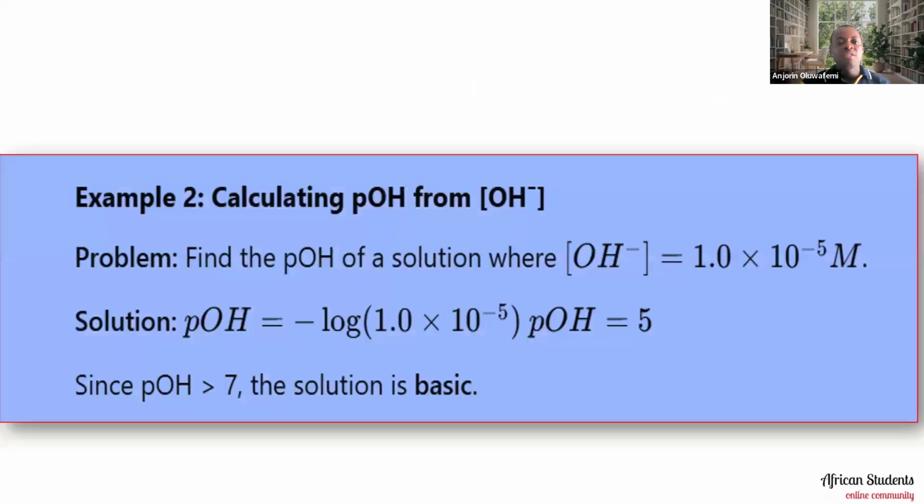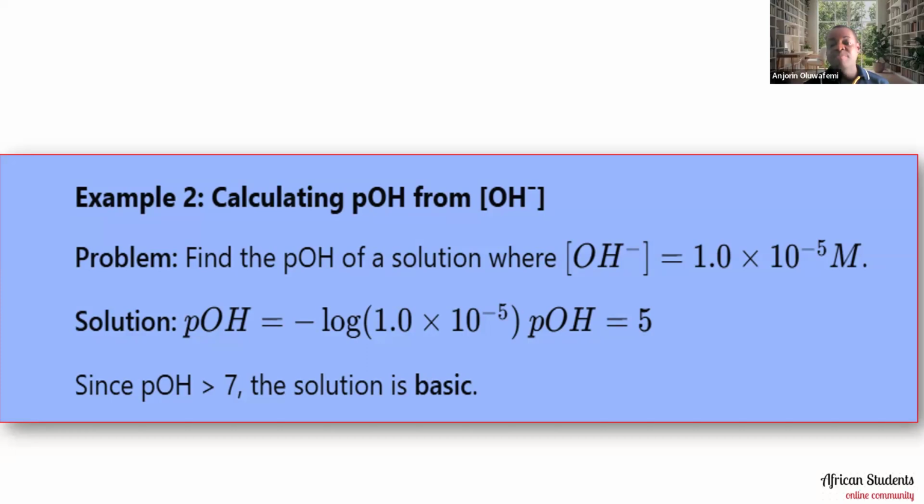Let's look at another example: calculating pOH from OH minus. Find the pOH of a solution where OH minus equals 1.0 times 10 raised to the power minus 5. From our formula, pOH is minus the logarithm of the hydroxide ion concentration.